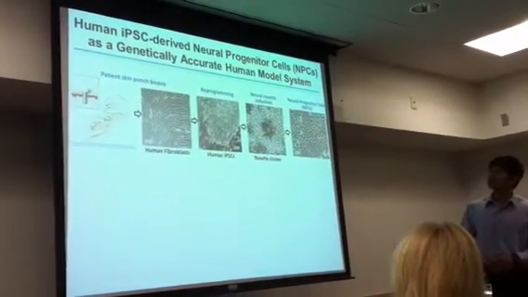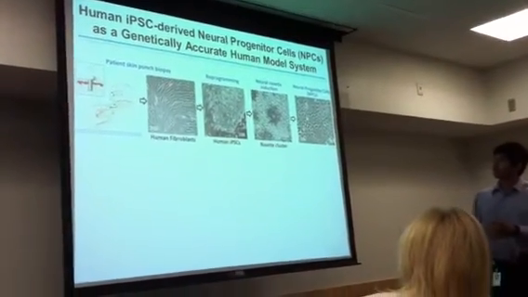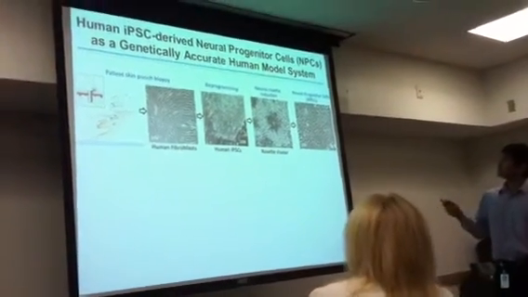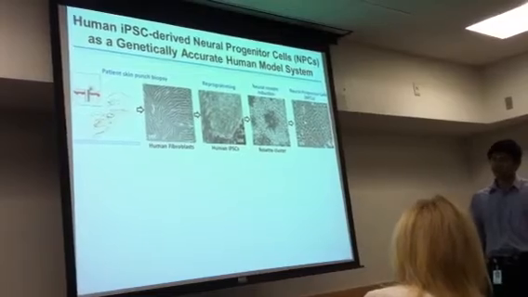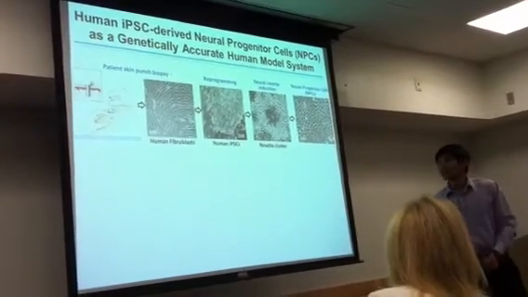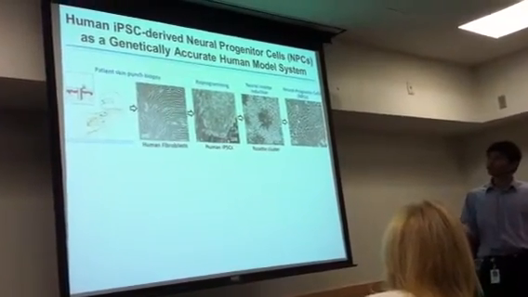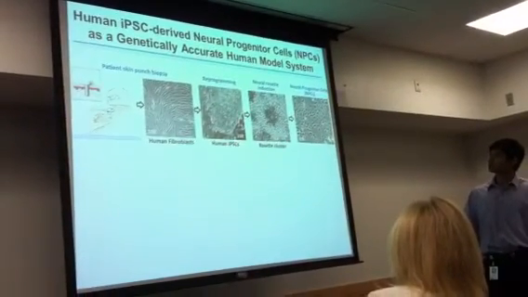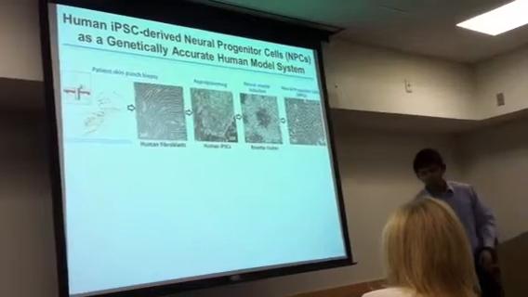So what we want is a model to better understand these disorders, and to do that, I'm more interested in the NPCs and the neurons. To get the NPCs, we first started with patient skin cells, and with those fibroblasts, we programmed them to induce pluripotent stem cells.